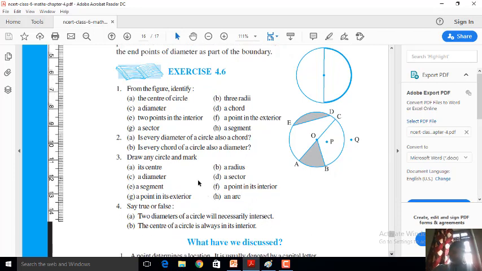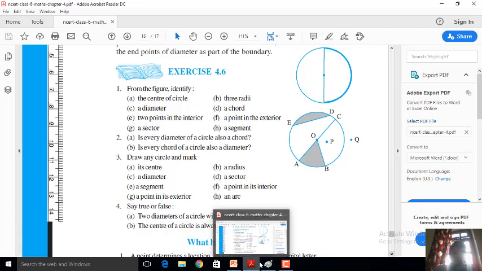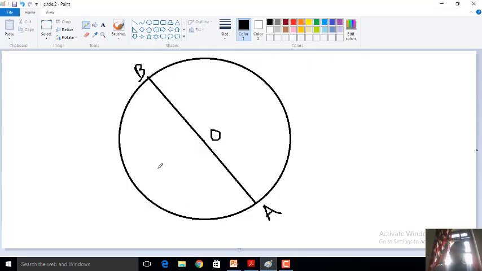Next, we have to draw a sector. While drawing a sector, first we will draw an arbitrary arc. So let's say we take 2 points on the circle, point A and B. So AB is an arc, and if we join the end points of the arc to the center, the region that we obtain is known as a sector of the circle.